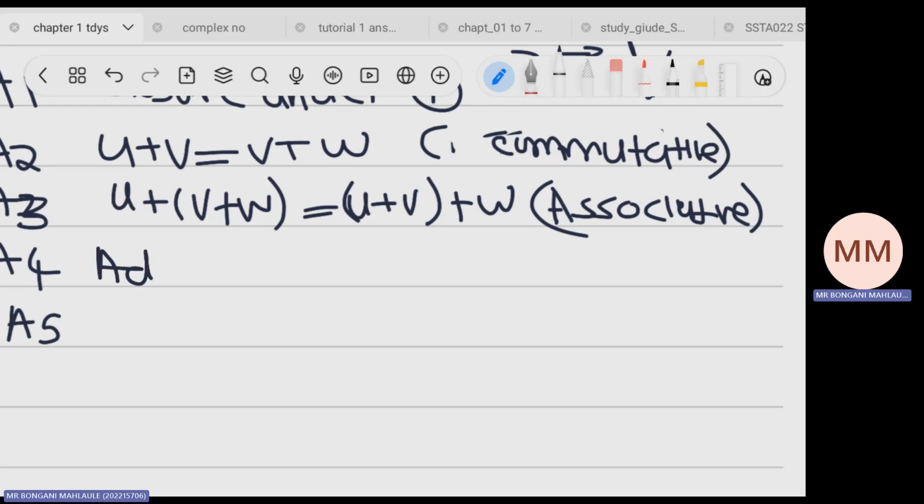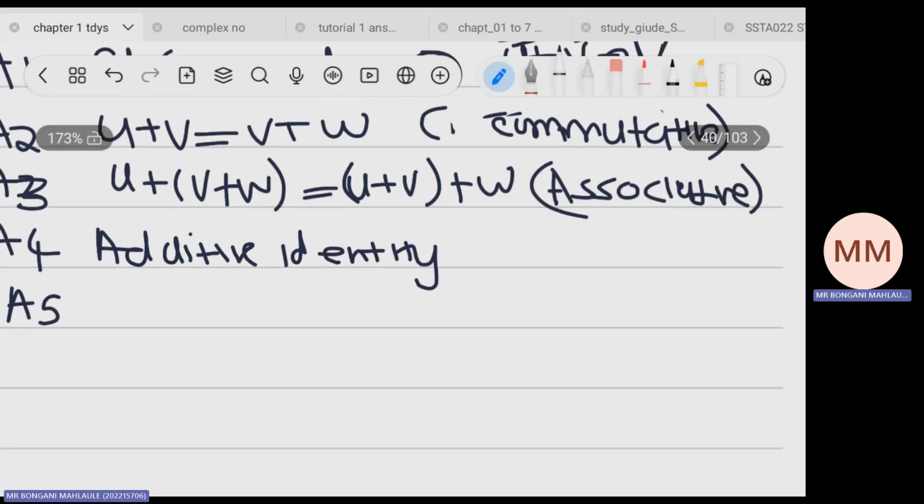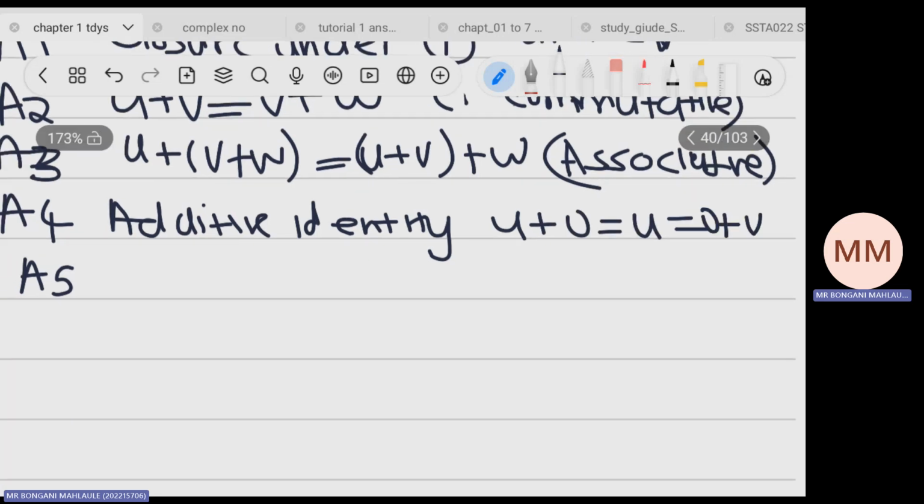Then we come to the additive identity. So here you will have U plus 0 is equal to U, which is the same as 0 plus U. And you also have the additive inverse.